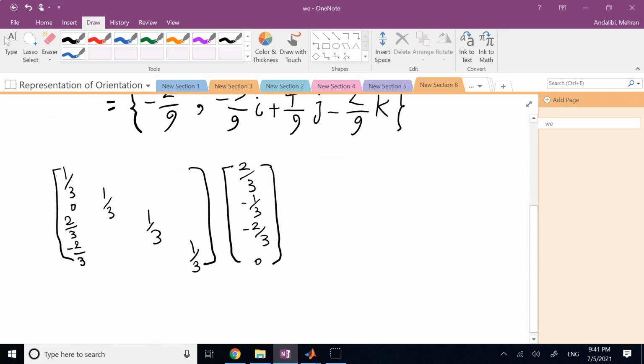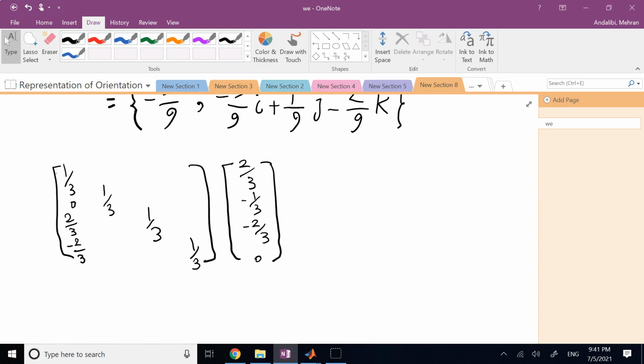Just directly plug it into the first column. For the first row, though, you have to do what? You have to negate all of these imaginary parts. So it's negative of 0 is 0, negative of 2/3, and negative of -2/3, which is positive 2/3. So this portion of it is not hard.